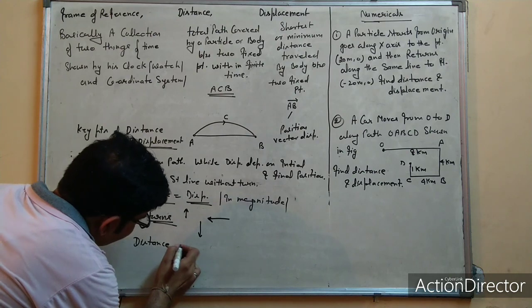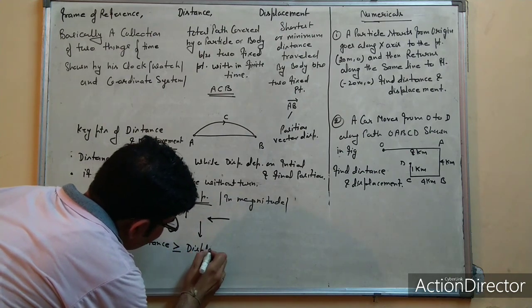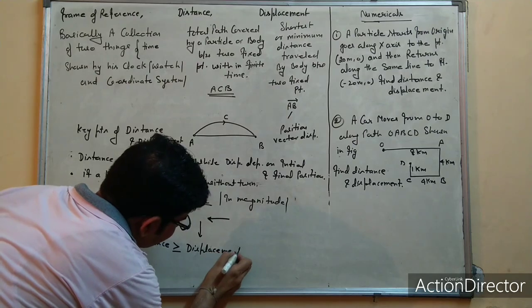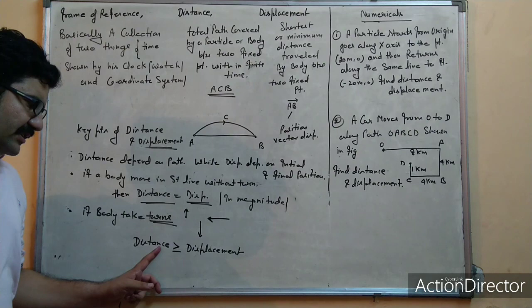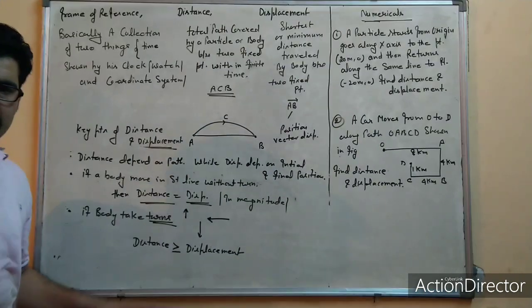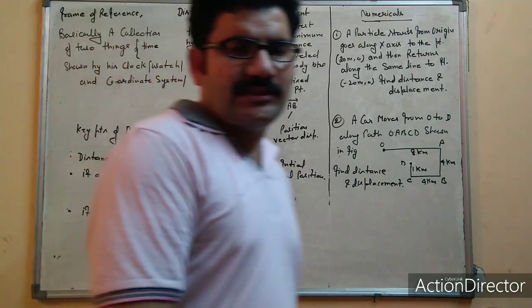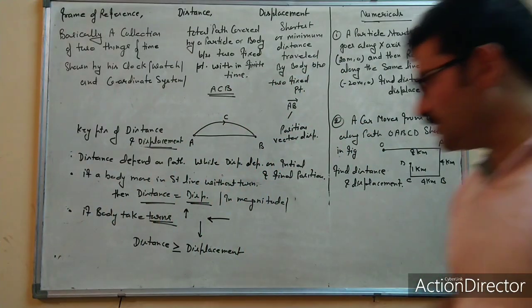Distance is greater than or equal to displacement. Means distance can be equal and can also be bigger, but never smaller than displacement. This is the main condition.